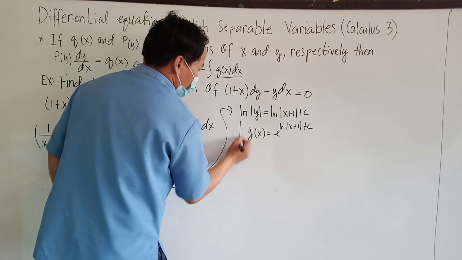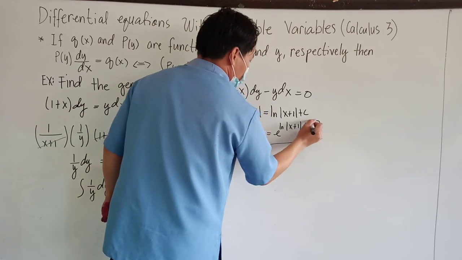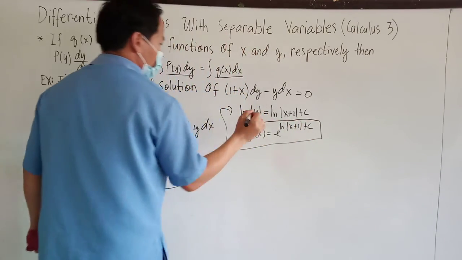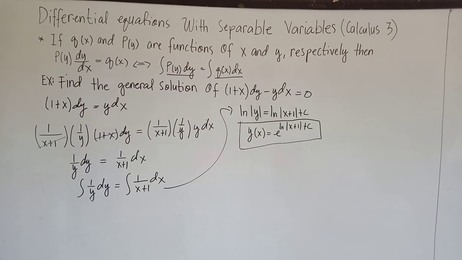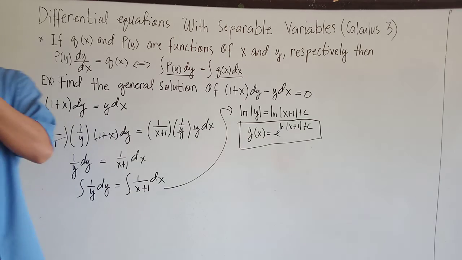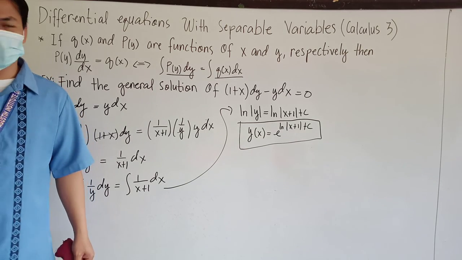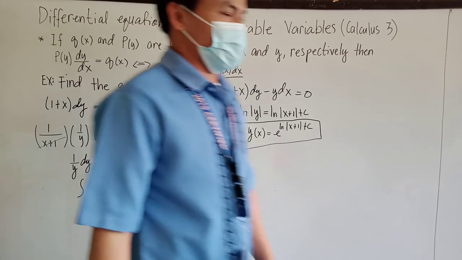So this one is our general solution. I hope you understand very well the concept, particularly in finding the general solution of a differential equation, a first-order separable differential equation.